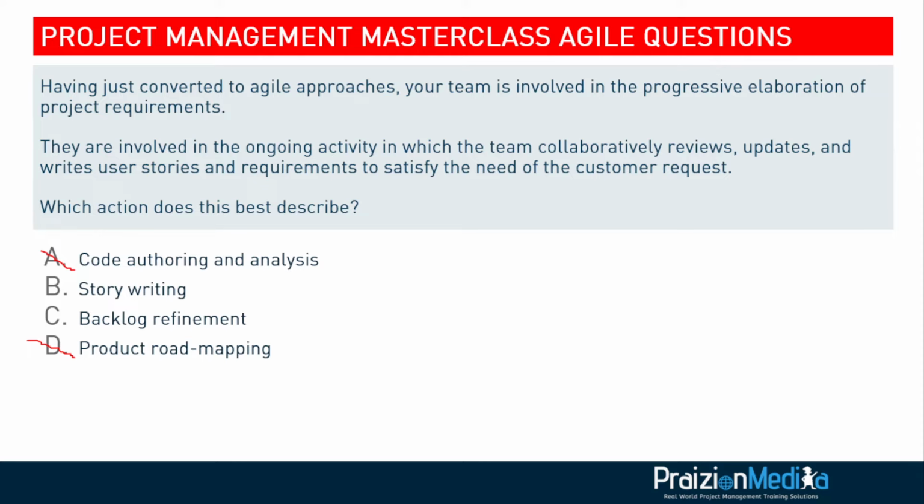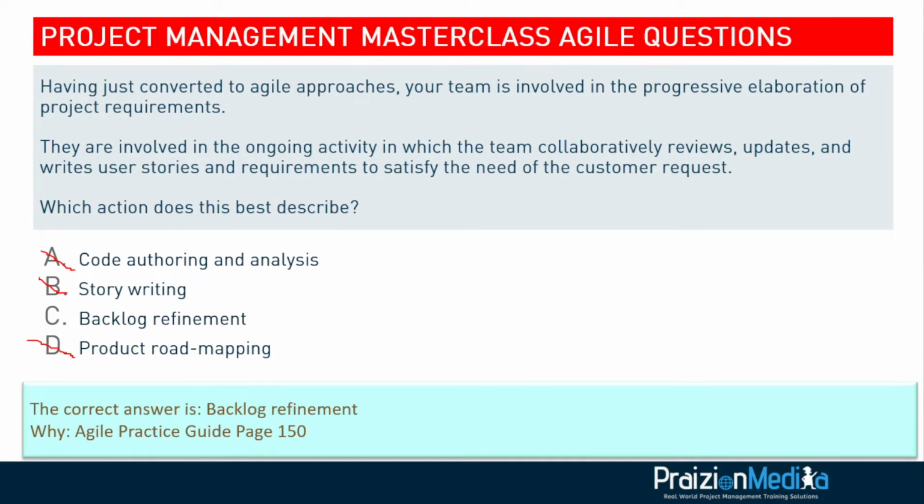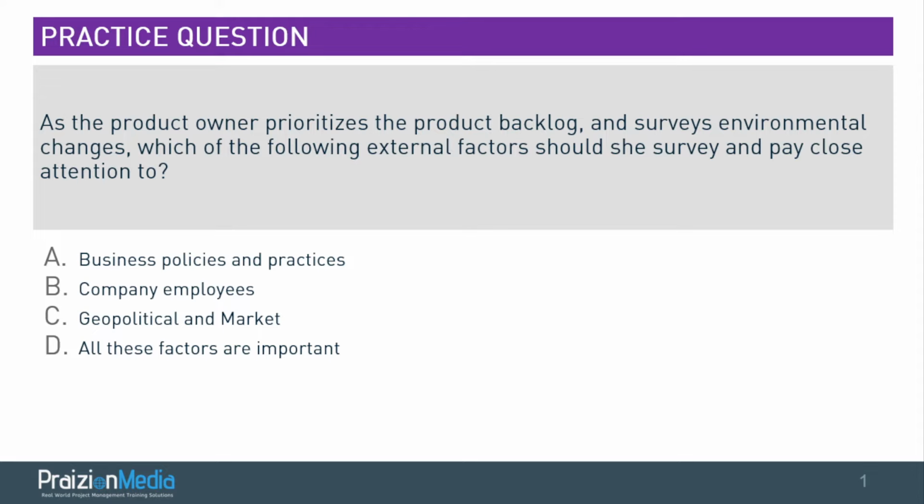The answer is also not story writing, because in story writing, we're not involved in ongoing activities to collaboratively review, update, and write stories. The word update kind of gives it away. So the best option here is backlog refinement. Option C. Moving on to our next question.